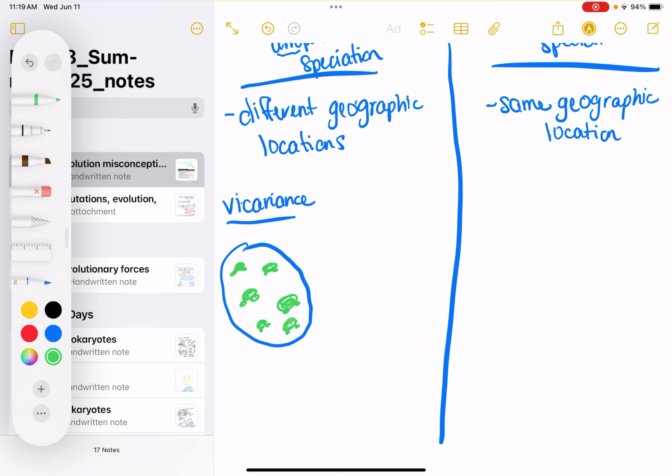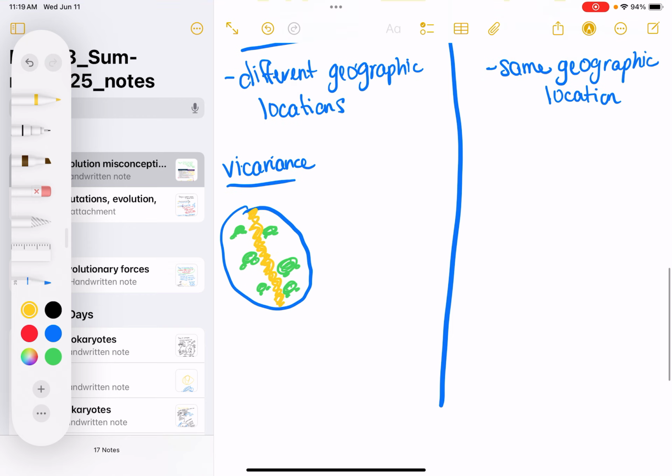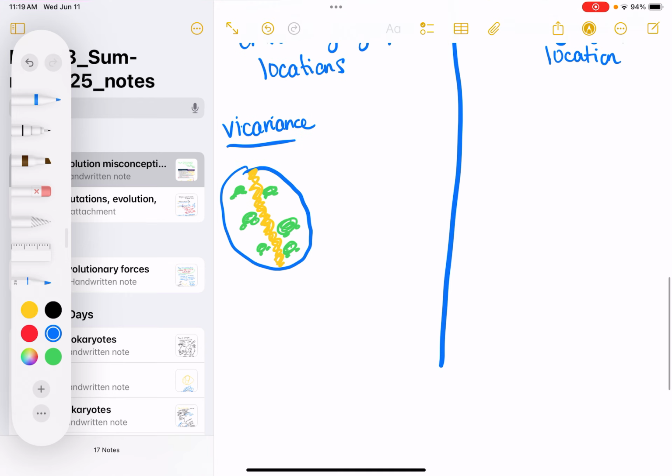Okay, and something happens, maybe the water recedes in a pond and there was a little bit of a sand area, and many years of drought, maybe there's a big change in the weather pattern or whatever, has divided one population into 2, okay? So vicariance is when we have one population divides into 2 populations.